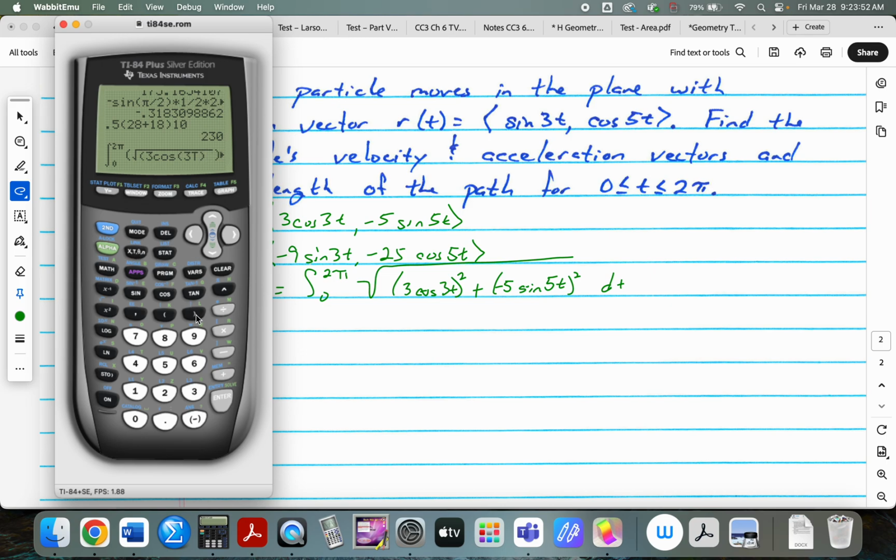Not that it really matters. So I need to make sure to close both those parentheses before I square it. Plus, and I am not going to bother putting in the negative because it doesn't matter. I'm squaring it. Close both those parentheses, squared, with respect to t.